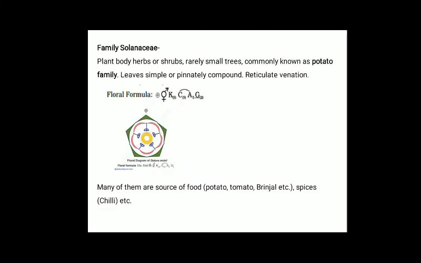Then we have Solanaceae. It is a dicotyledonous family and is known as the potato family. They have a taproot with reticulate venation and they are bisexual. Many of these plants are used as vegetables, which include potato, tomato, brinjal. In Solanaceae, a special feature is that persistent calyx is present.